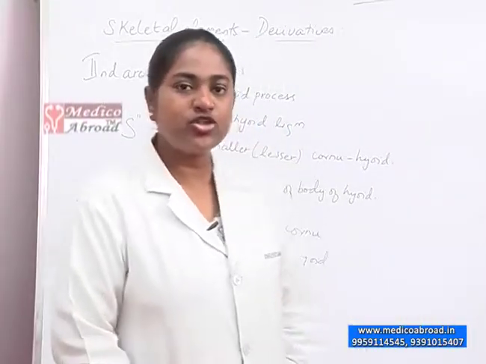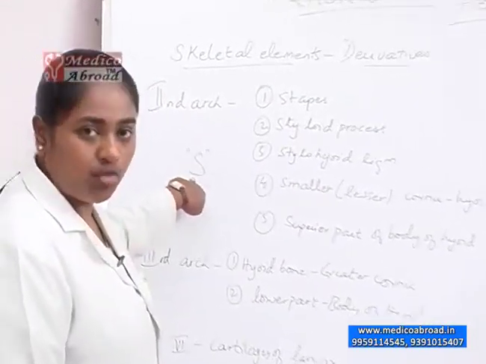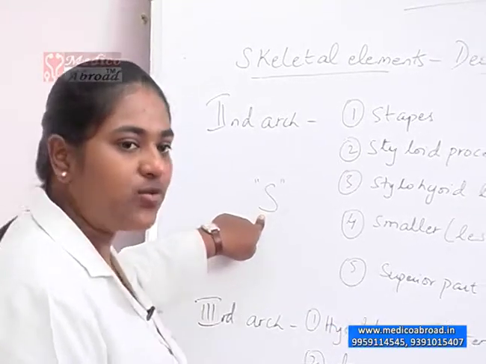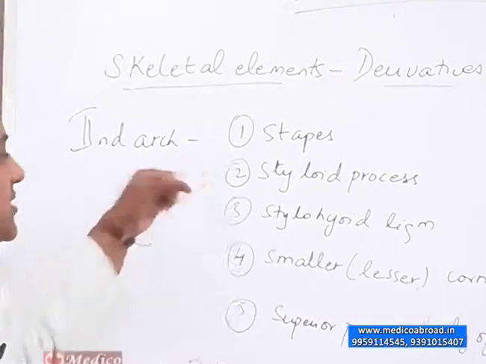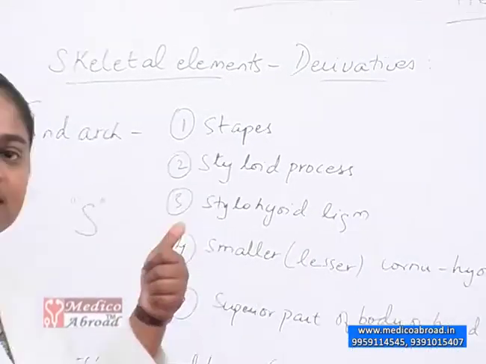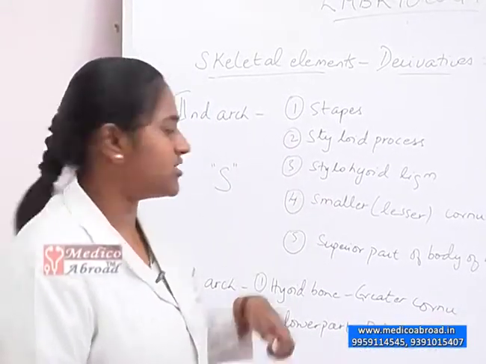The skeletal elements of the second arch produce all the S bones. All the bones which are formed from the second arch start with the letter S. Stapes, which is the last bone of the middle ear. Malleus and incus are formed from the first arch. Stapes is formed from the second arch.